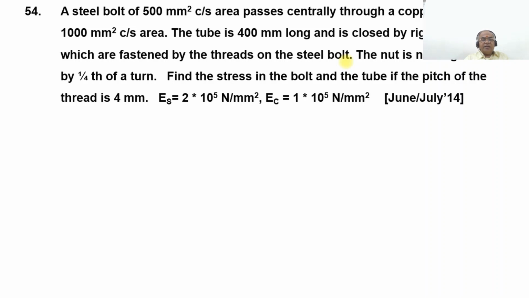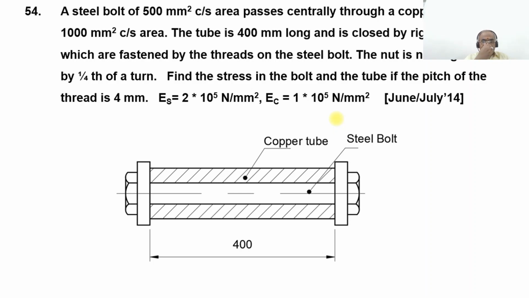The nut is now tightened by 1/4 of a turn. Find the stresses in the bolt and the tube if the pitch of the thread is 4 mm. Take Young's modulus of steel as 2 × 10^5 Newton per mm square and Young's modulus of copper as 1 × 10^5 Newton per mm square.